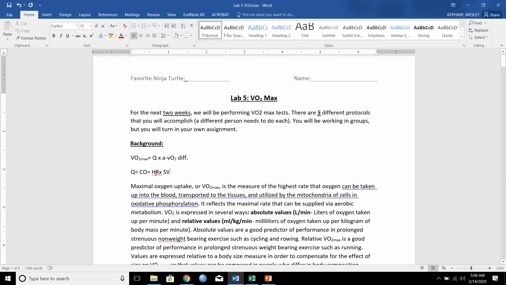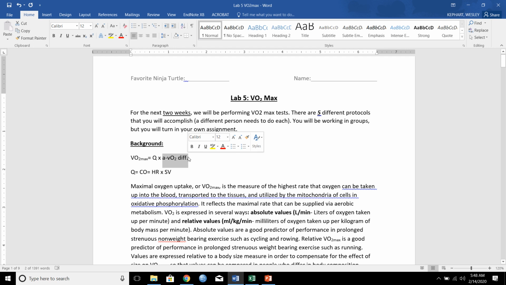Effectively, this part of the equation is called the transport side of the equation. Your heart has a maximum heart rate, and the left ventricle has a maximum amount of fluid that it can pump per each heartbeat. So the max there is effectively the maximal cardiac output.